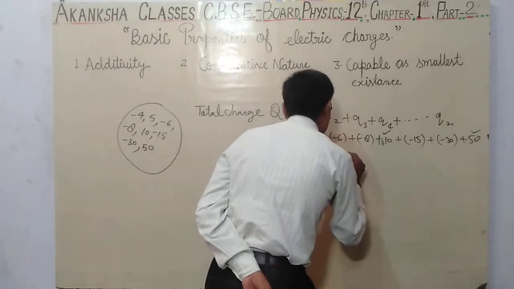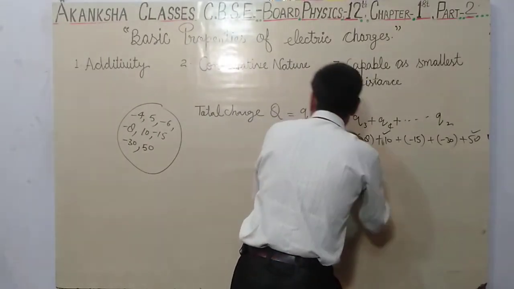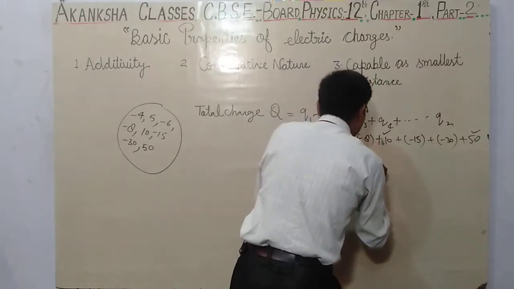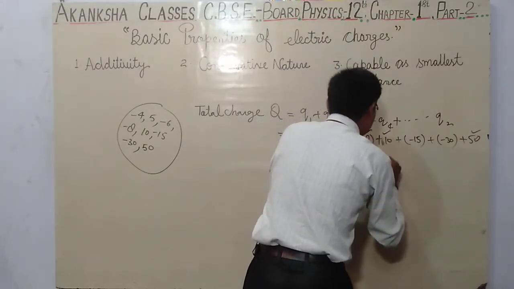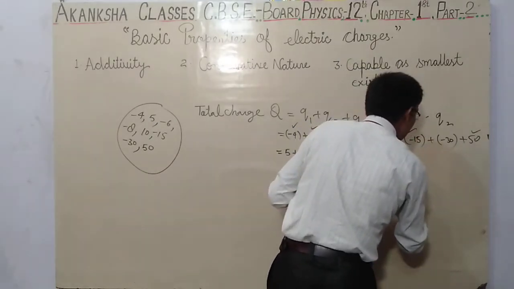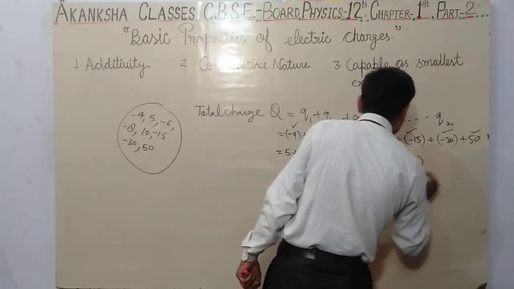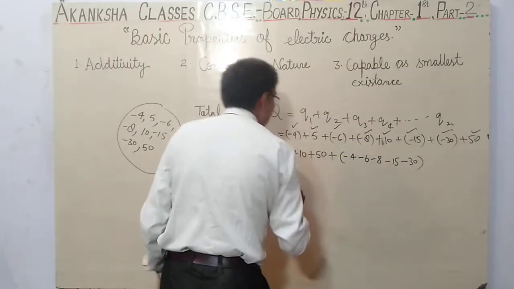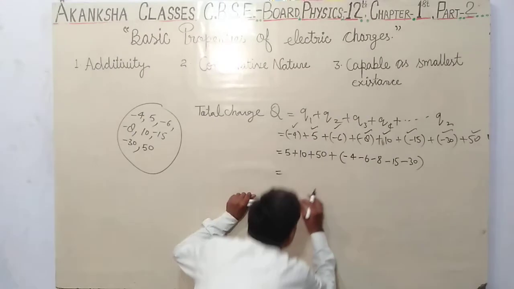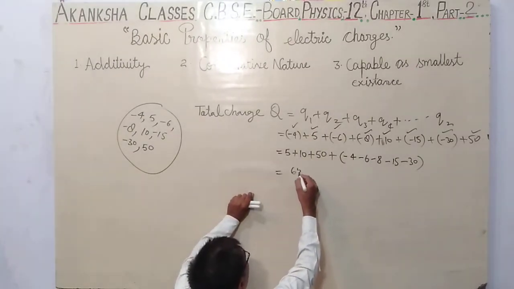Plus minus 4, minus 6, minus 8, minus 15 and minus 30. Friends, now add them as soon as you can. 50, 10, 65 total positive charge.